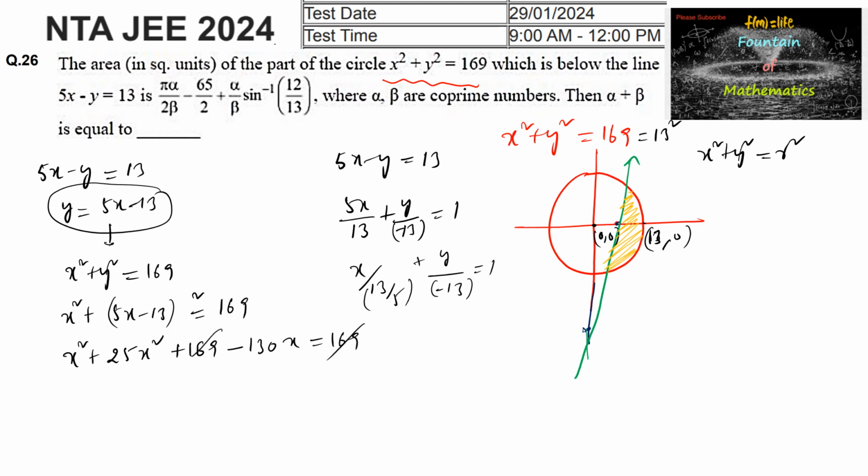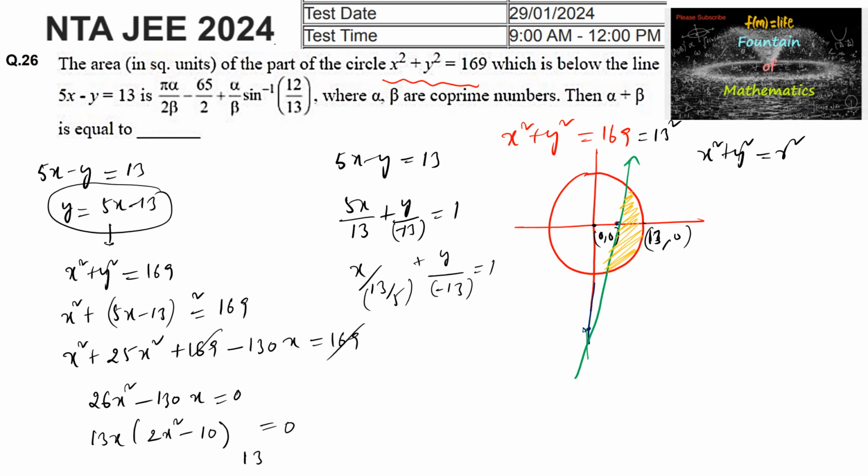So we can write x square plus 25x square, that is 26x square, minus 130x is equal to 0. Or we may also consider by taking 13x common. So we can write 2x square minus 10x is equal to 0.